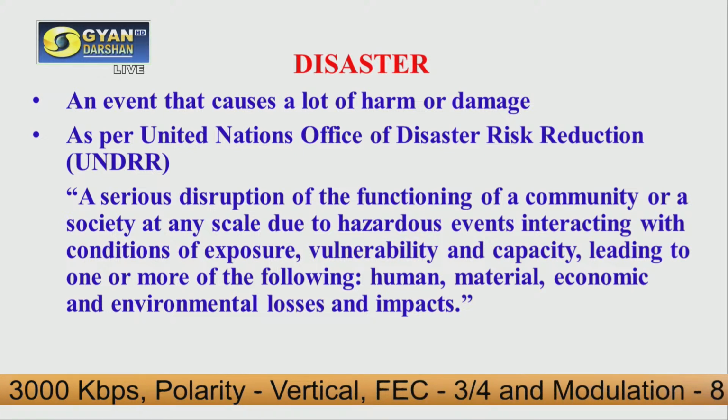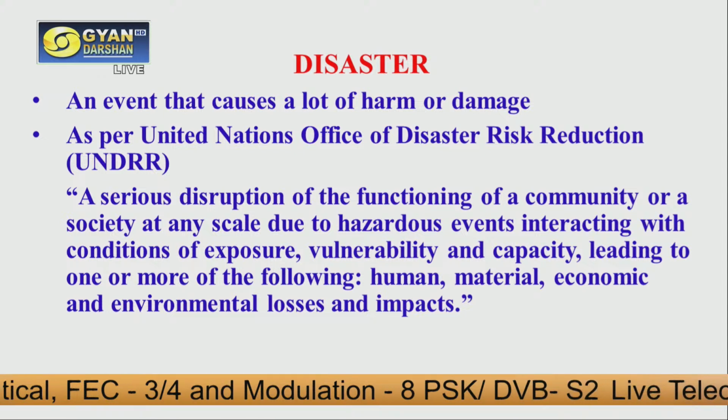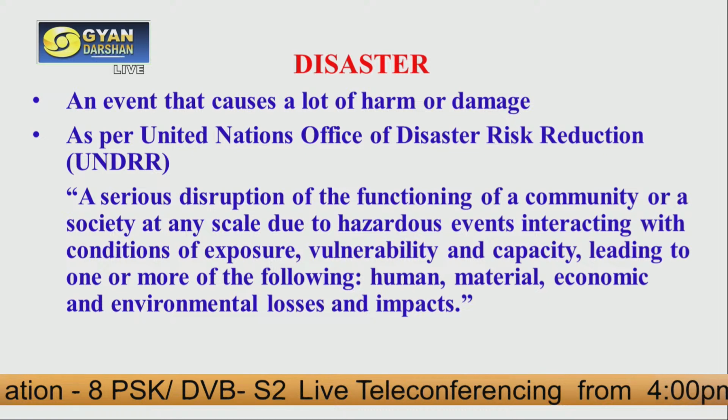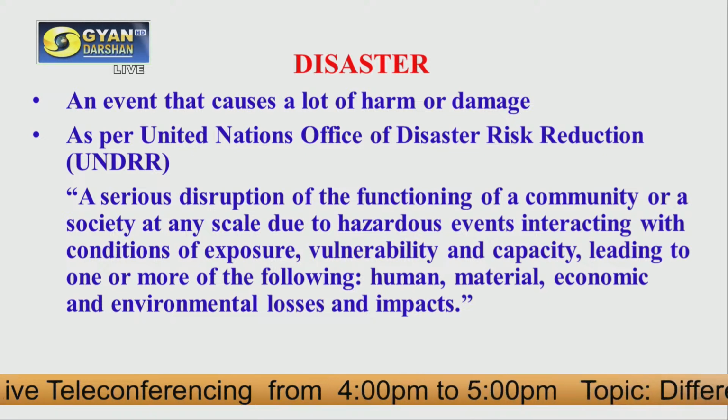Which leads to one or more of the following: the human, material, economic and environmental losses and impact on these. So here we are considering four types of losses and impacts on four different sections.